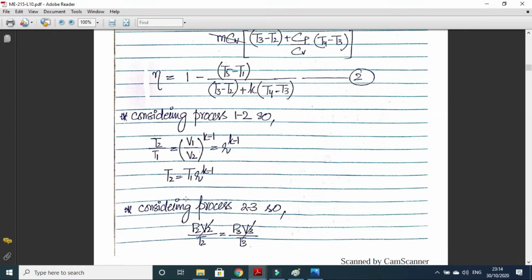Now let's use process 2 to 3, which is constant volume heat addition. We can apply the ideal gas relation P2 V2 upon T2 is equal to P3 V3 upon T3. V2 and V3 will be cancelled out because volume is constant.